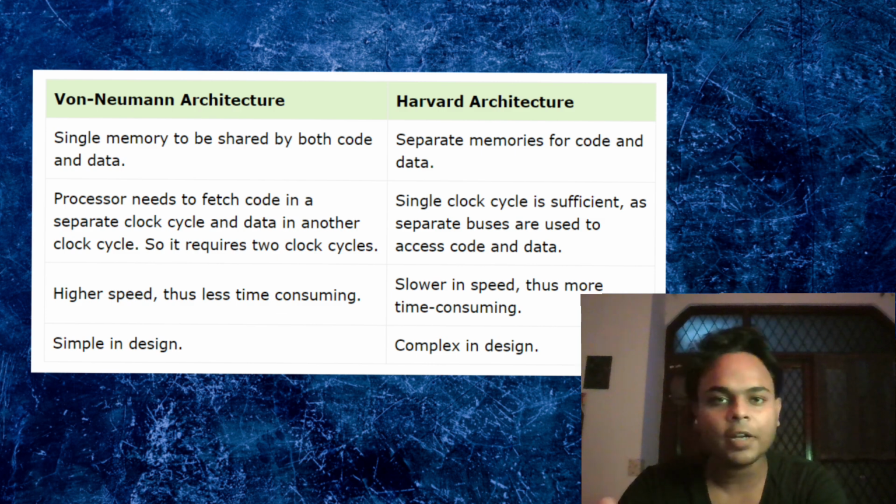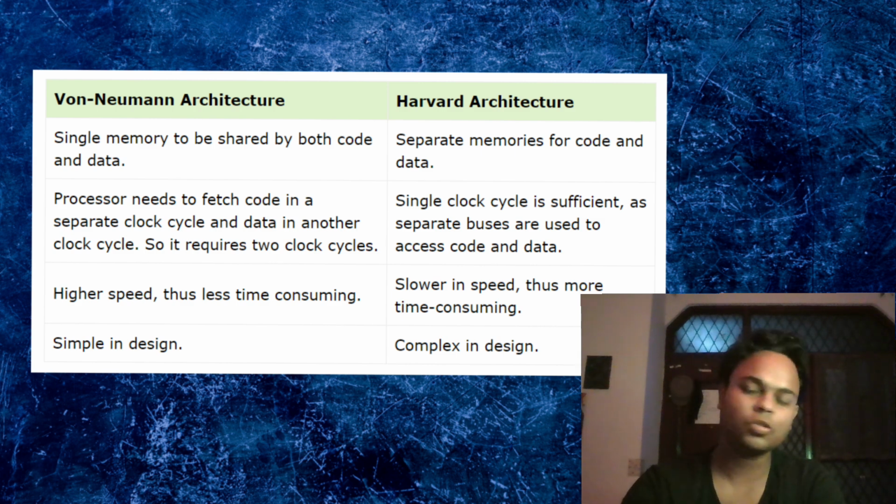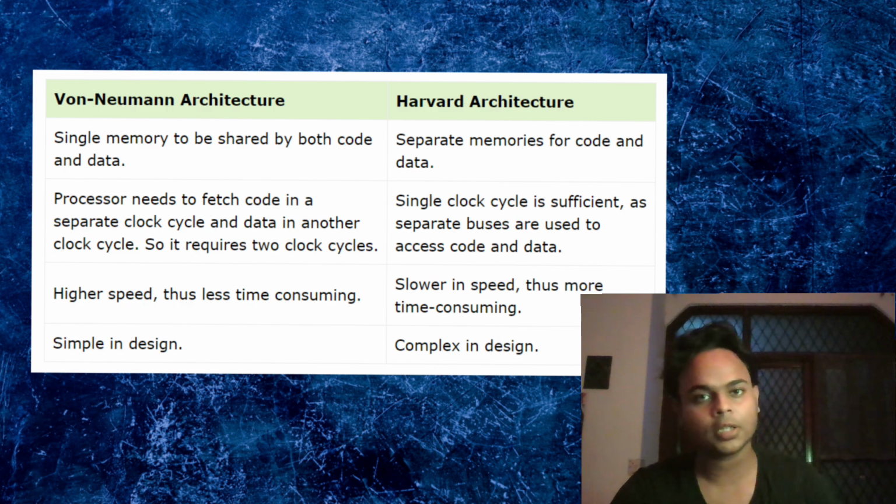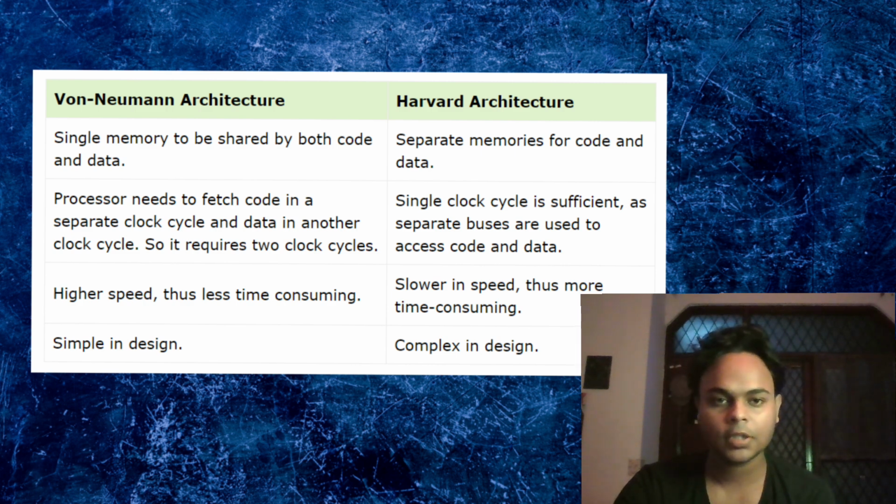So basically the main difference between these two kinds of architectures is that in the Harvard architecture the instructions and data are separated, but in von Neumann they are not separated. They are used continually in the registers. There are no separate registers for instruction and data. This is the main difference.